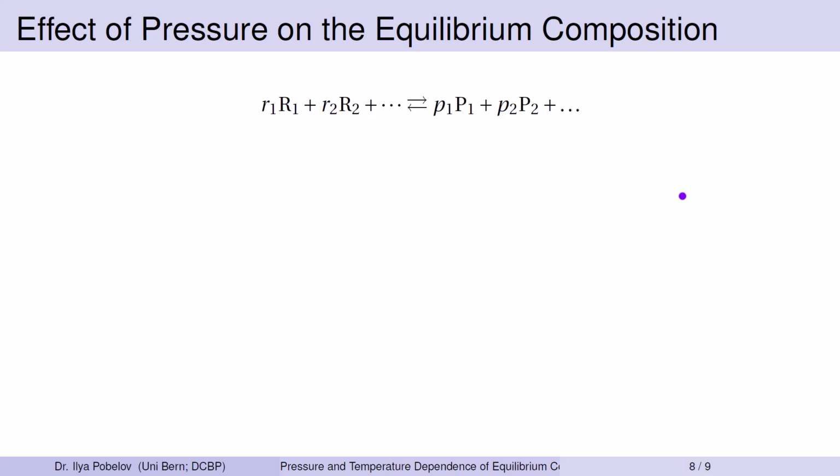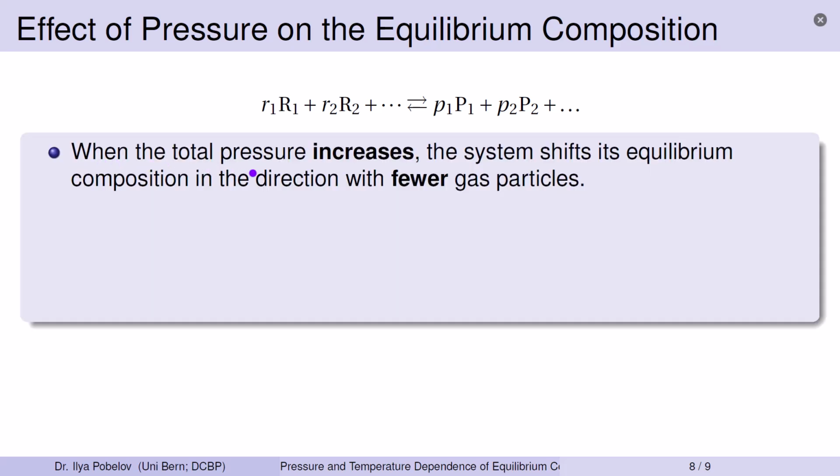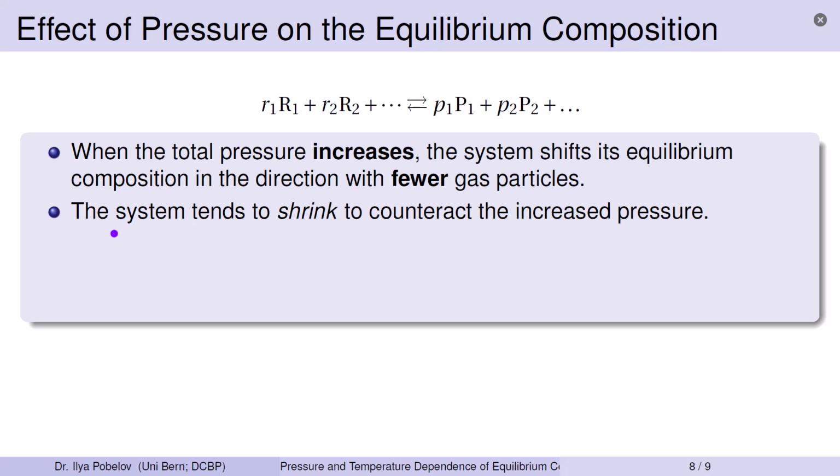Pressure changes affect the equilibrium composition in a similar fashion. When the total pressure of a system in equilibrium increases, the system shifts its equilibrium composition in the direction with fewer gas particles. Essentially, the system tends to shrink to counteract the increased pressure.